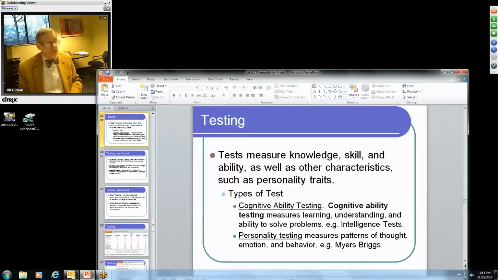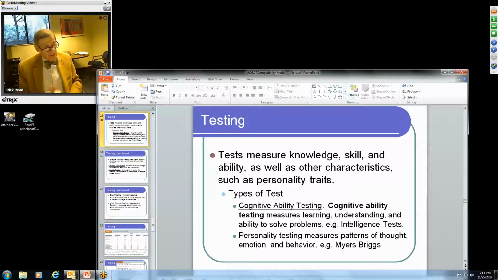But they go on to say, current research states that they do predict job performance. And the reason Henneman says they do this is due to the acceptance of the Big 5 personality traits.